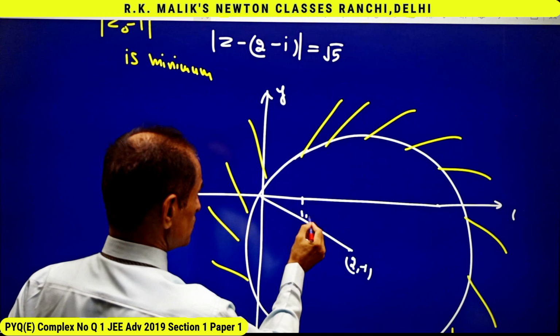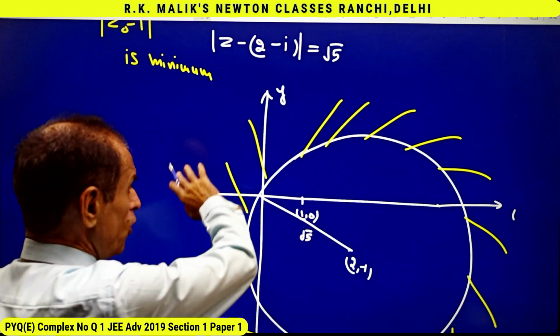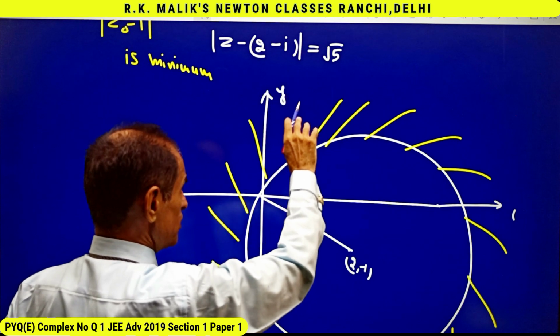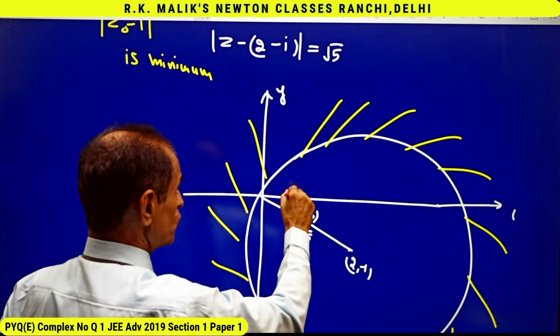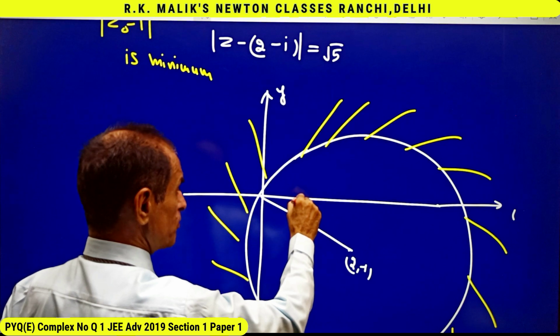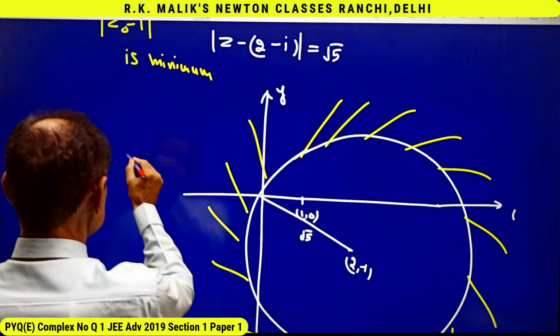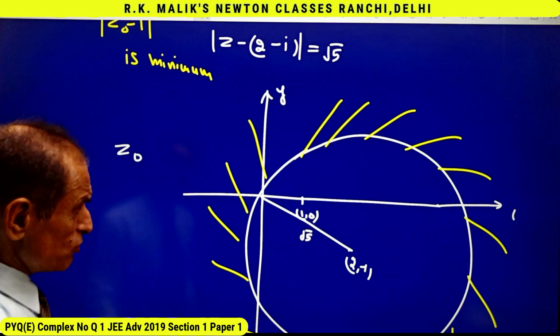1 0 is somewhere here. Out of all the complex numbers lying outside the circle, the complex number whose distance from 1 0 is minimum, that complex number will be named as Z0.